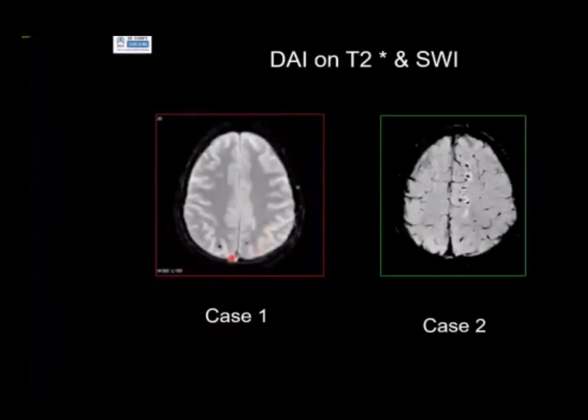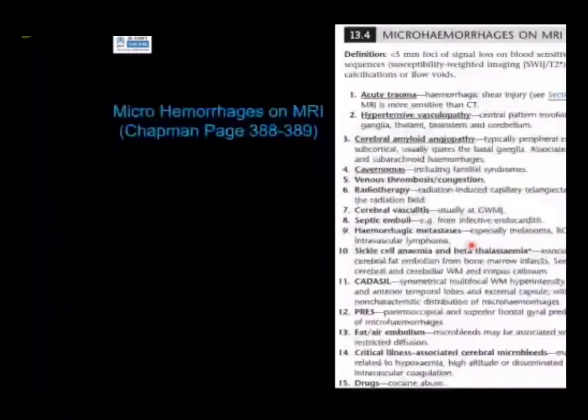This is case 1, T2 star. You see these microhemorrhages, and this is SWI, and you see these microhemorrhages. In your book, microhemorrhages on MR, acute trauma, hemorrhagic shear injury is number 1 in the list, and these are other conditions.